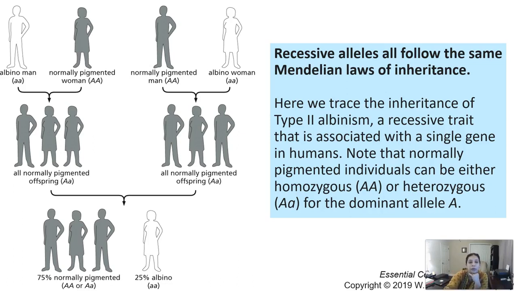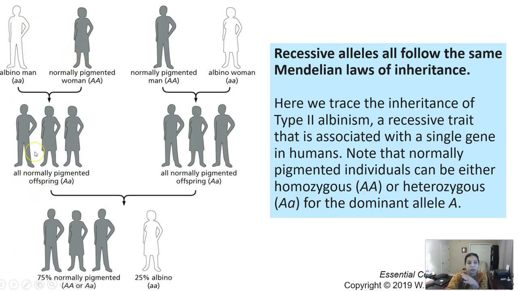So here we are looking at a human pedigree of sorts, and we are looking at how you're inheriting type 2 albinism. Albinism is recessive, so here you have an albino man and then a normally pigmented woman.